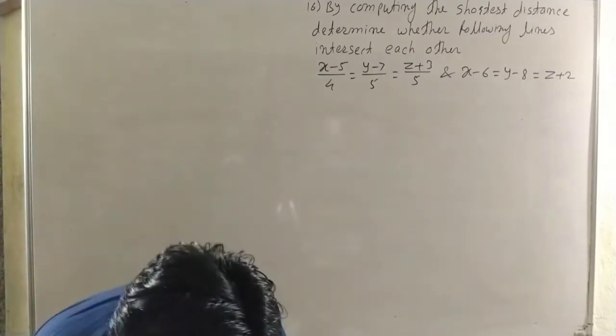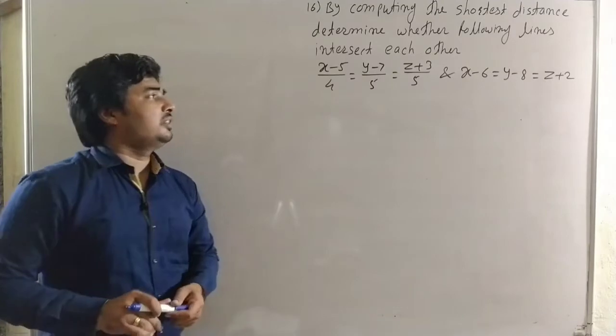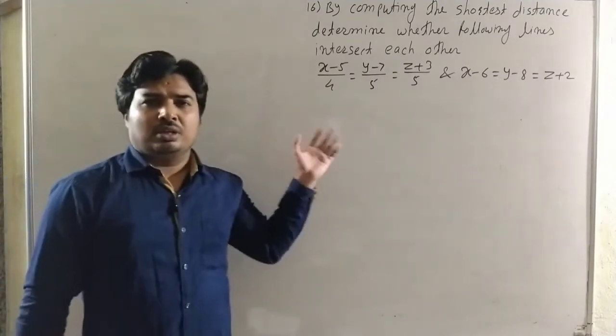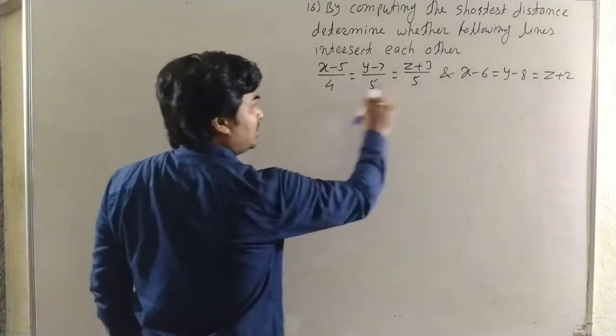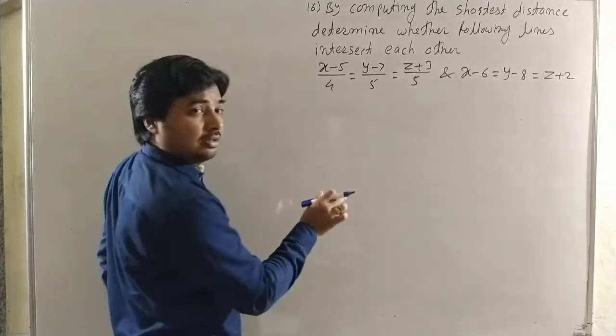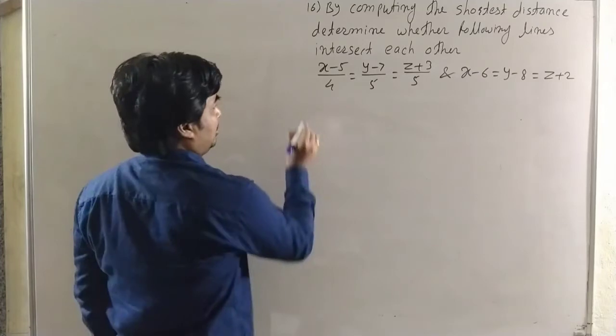Now here the given lines are in Cartesian form, so we can use the Cartesian method or the vector method. Here, first we reduce this Cartesian equation to vector form and then find the shortest distance.